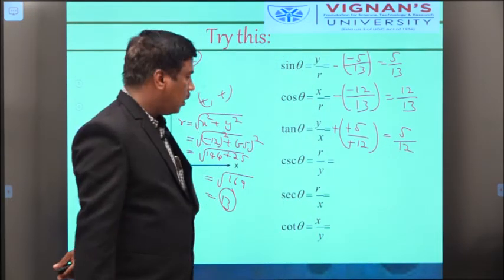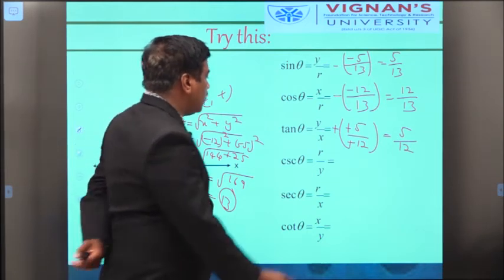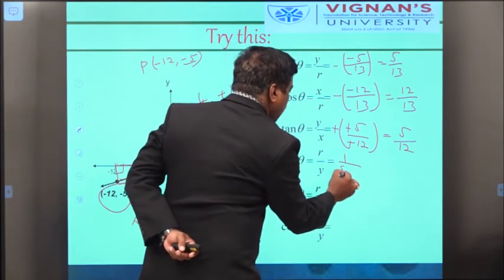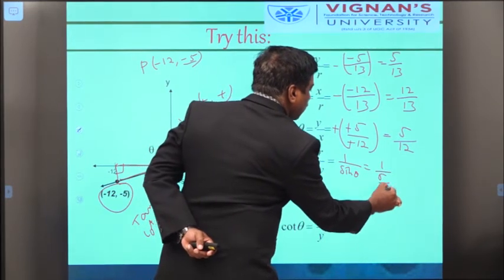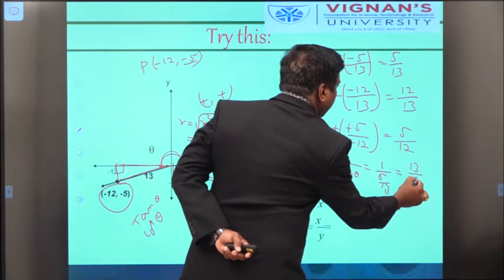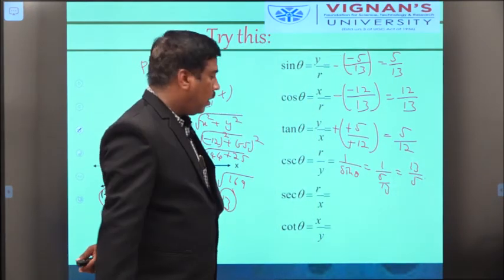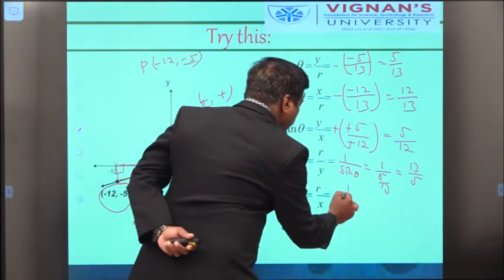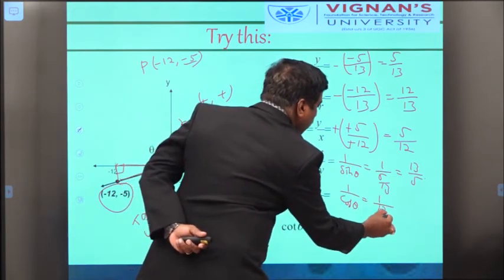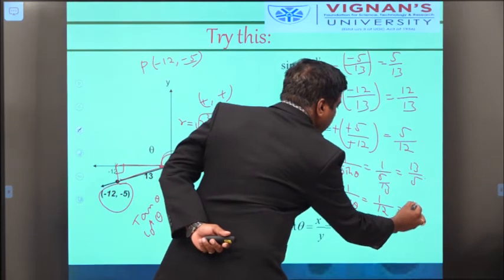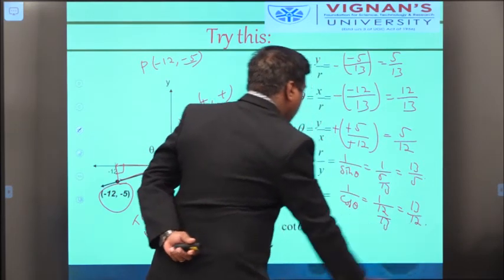Now, cosecant is the reciprocal of sin theta, 1 by sin theta, which is 13 by 5 in magnitude. Secant theta is 1 by cos theta, which is 13 by 12.